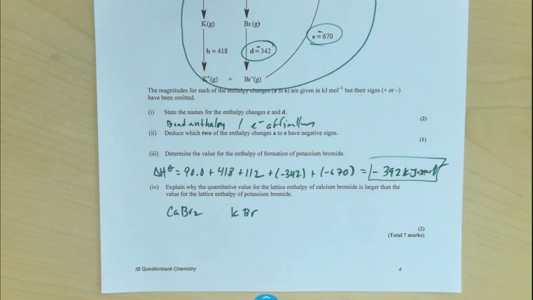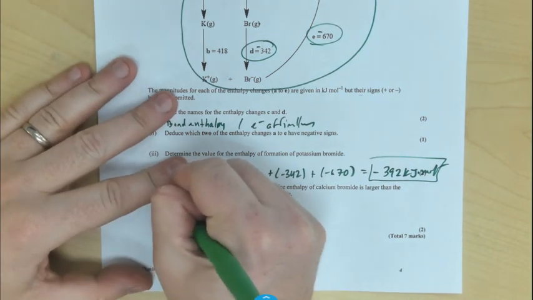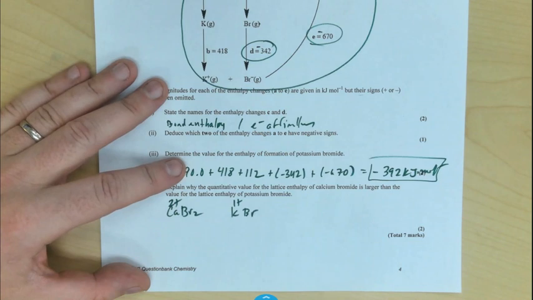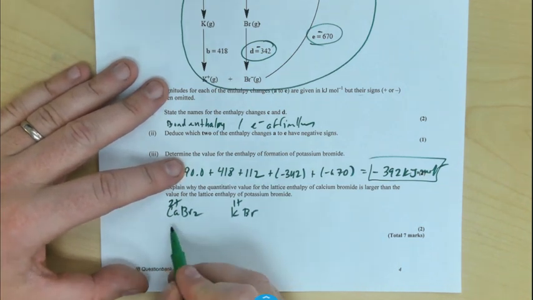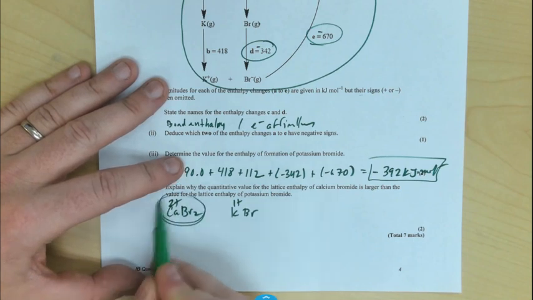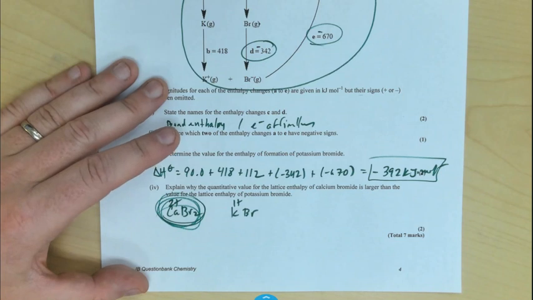And if the ions are larger, they have more shielding, which would decrease the attraction, which would lower the lattice enthalpy. So, of course, calcium has an oxidation state of 2+, potassium has an oxidation state of 1+. Calcium is actually a smaller ion as well, so you'd expect the lattice enthalpy of calcium bromide to be larger for those reasons.